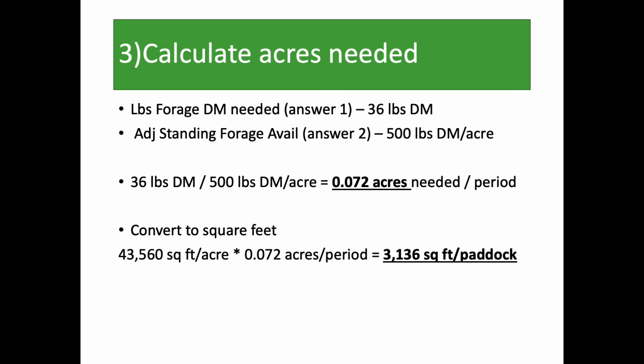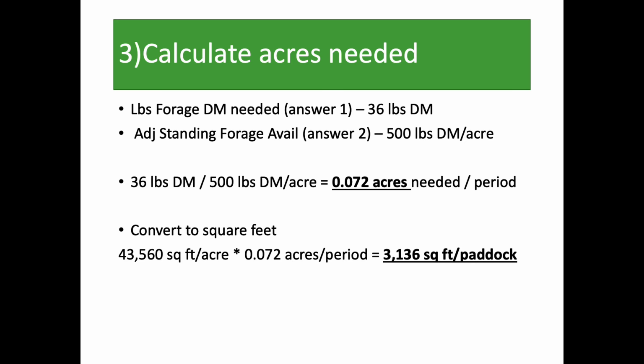1,752. Yep. So that is how much forage you truly have available when accounting for utilization, and that's per acre. To figure out the number of acres that you need, you take, that's your total for your farm.